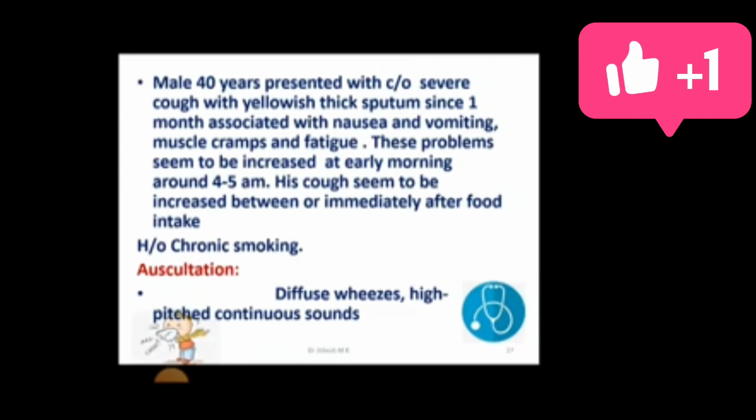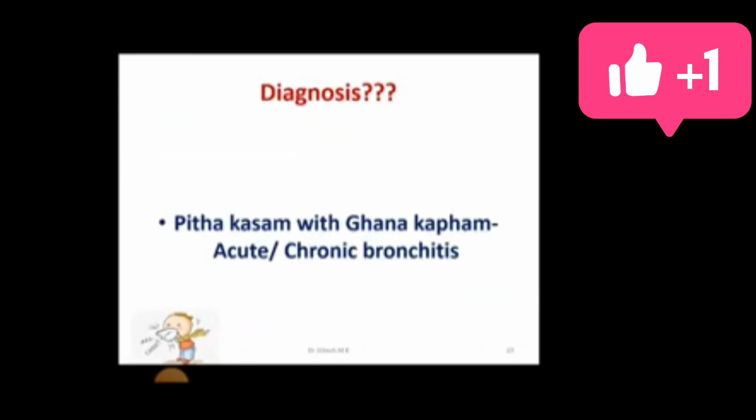They may not say the exact time, but they will explain that when getting up from the bed, the problems increase. Within half an hour, the problems resolve. And when the sunlight comes, automatically the problems will be all right, and he will not feel any discomfort later.